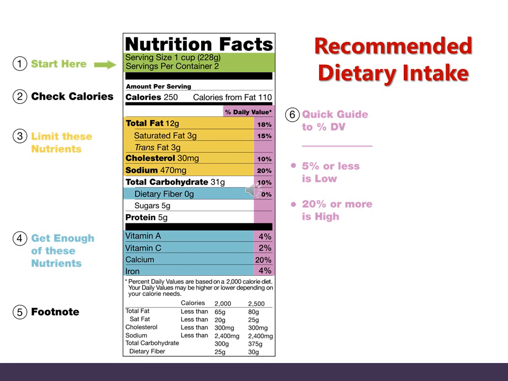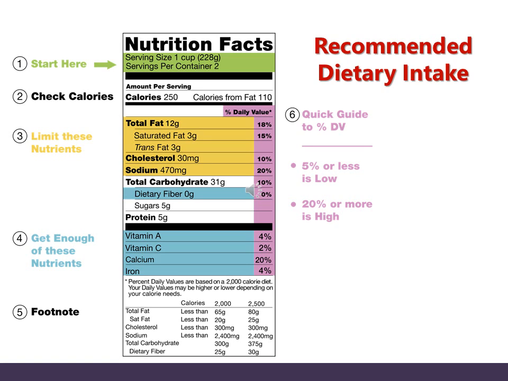See, there are several pieces of information given there. But the most important thing that I want you to remember is the serving size, the amount of calories, the percentage of nutrients which should be limited, and the percentage of nutrients that you should get enough of. Now, when you go to the grocery store next time, if you buy some foods, I want you to look at the nutrition facts before you eat the food.